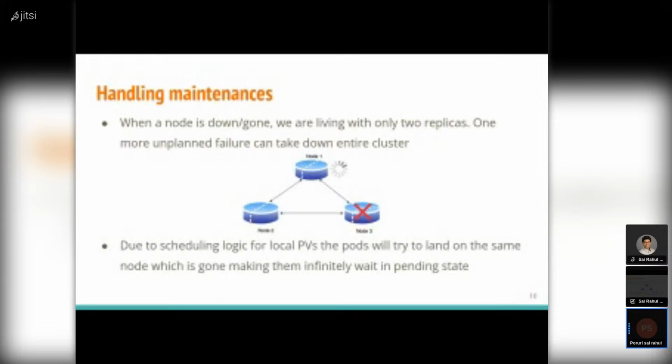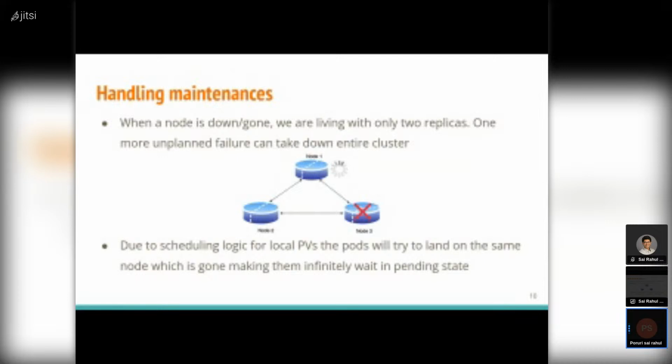At the same time, one node goes for unexpected failure. If this happens, there is only one replica alive, and you cannot recover from there. Your quorum is lost and your database will be down. And being at such a large scale, Flipkart cannot tolerate even a few seconds of downtime. It requires five, six nines of availability.